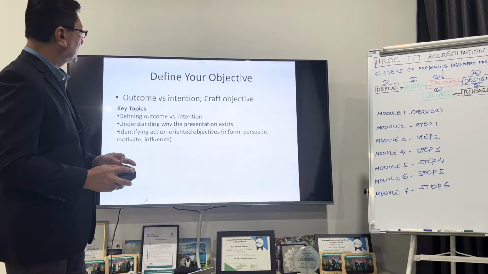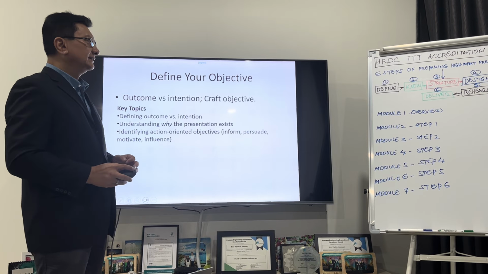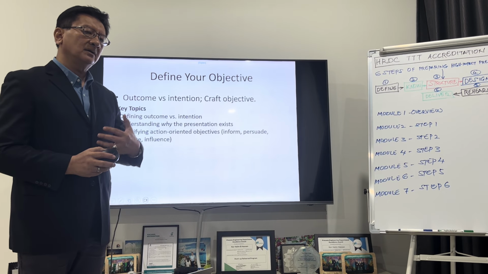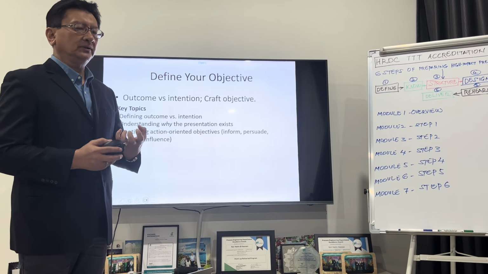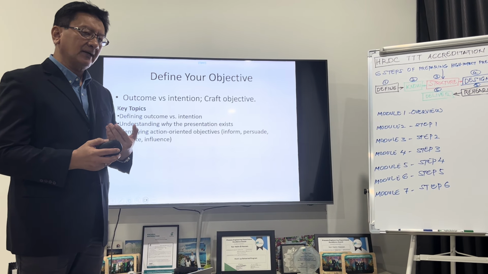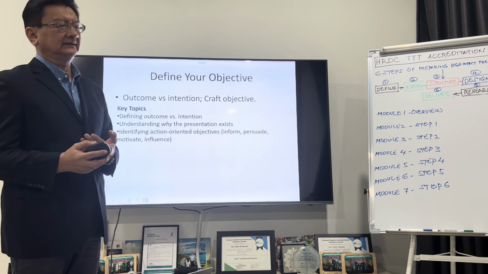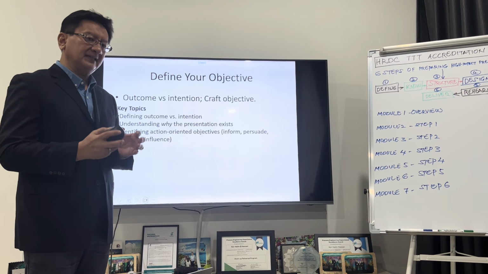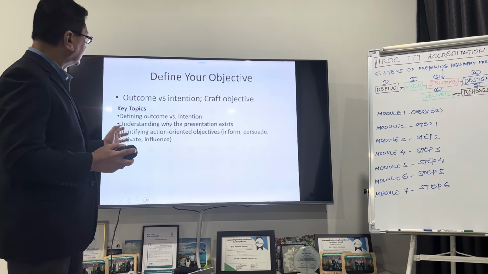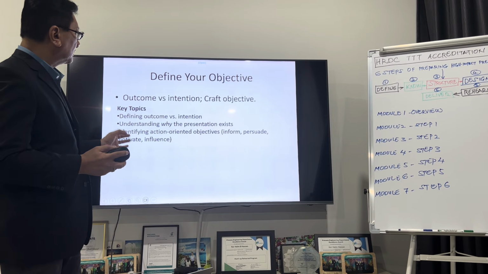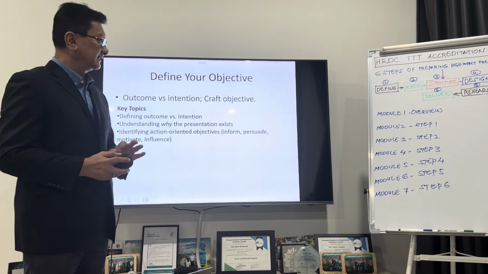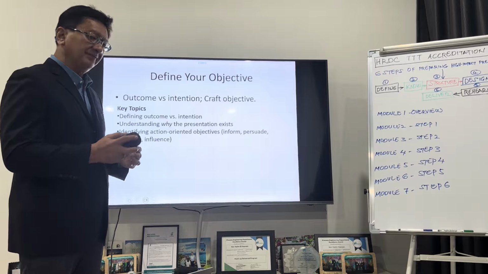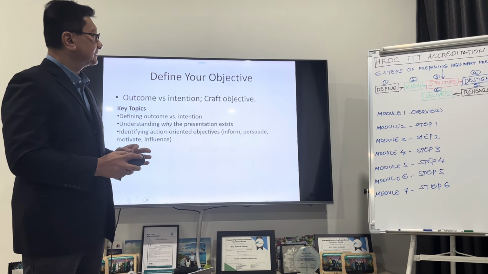Under define your objective, we have to know what our outcome is, what we want to present, what the outcome is at the end of the presentation, and then how do we craft our objective so that it becomes a convincing objective. And we also need to understand why the presentation exists, and then identify the action-oriented objective, like inform, persuade, motivate, and also influence.